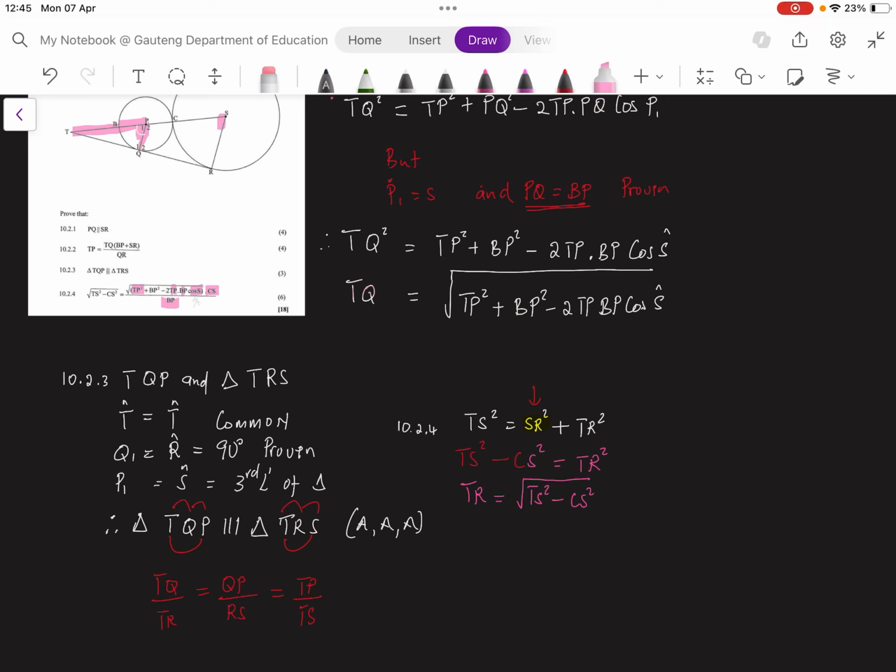Remember, BP is the same as PQ. So here is PQ. And then we also need CS. CS is the same as SR. So there is SR.